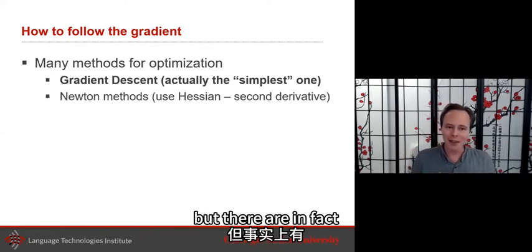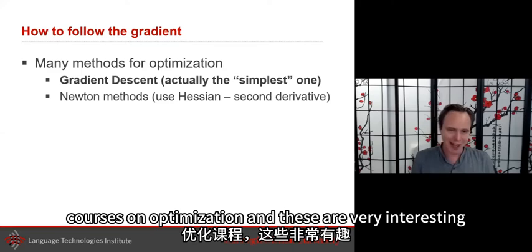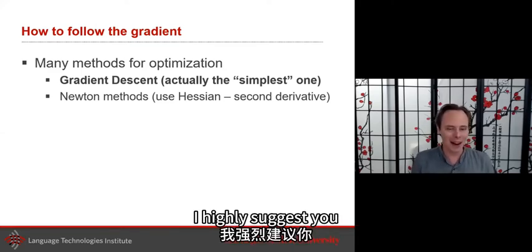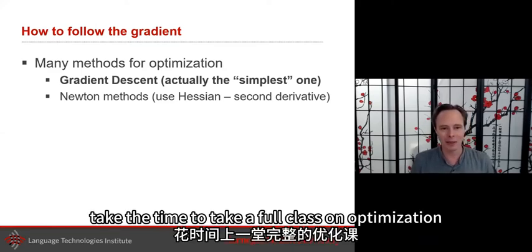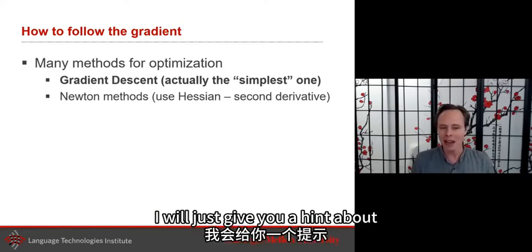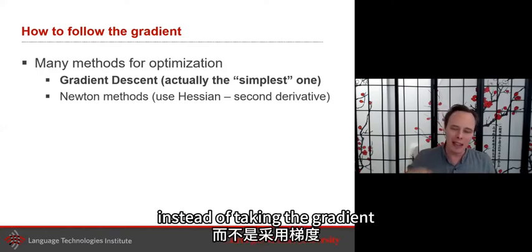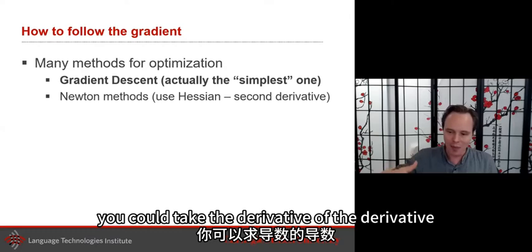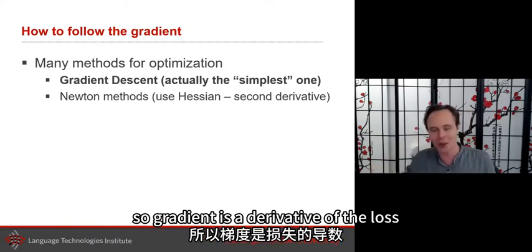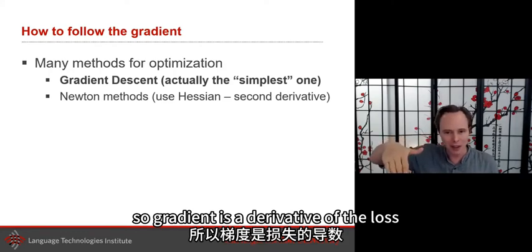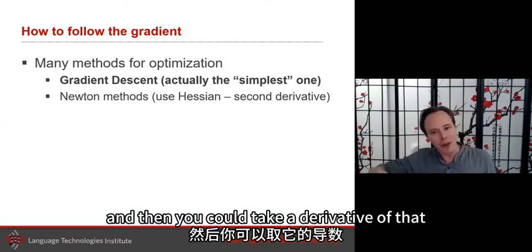But there are, in fact, courses on optimization, and these are very interesting. I highly suggest taking the time to take a full class on optimization. I will just give you a hint about these different approaches. Instead of taking the gradient, you could take the derivative of the derivative. So the gradient is a derivative of the loss, and then you could take a derivative of that.